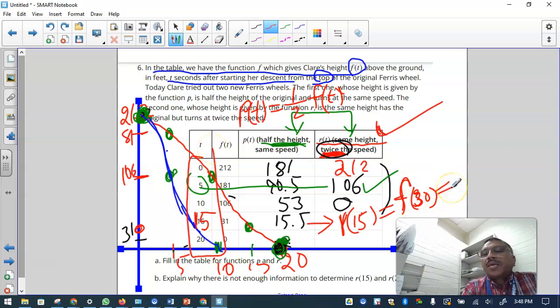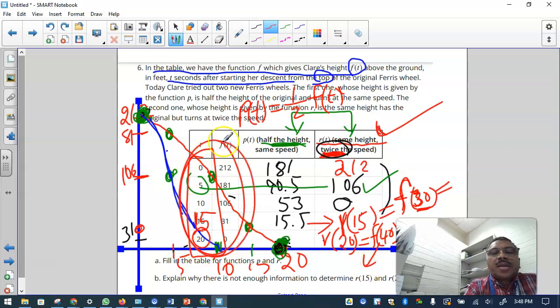This part is not given to you. You're not given the height at 30 seconds. We don't know. And the same thing here: R of 20 is the same as F of 40, because R takes half of whatever F. And we don't know what F of 40 is. So there is no F of 40 here. And that's why we cannot figure out that part.